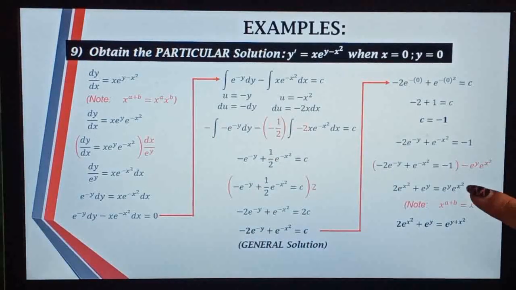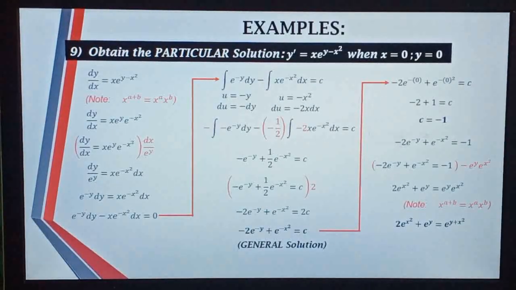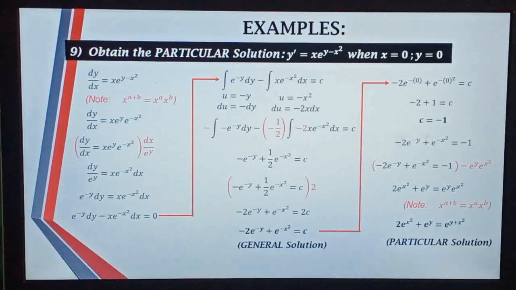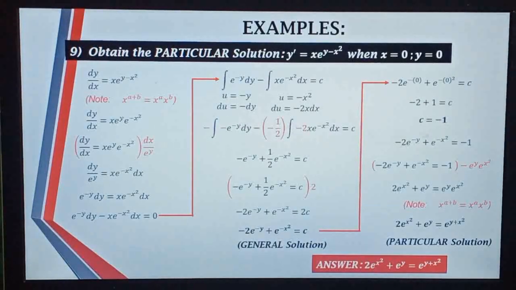So, pwede nating pagsamahin na to ngayon, which is same base, then add the numerator. So, this is our particular solution. Since that is our particular solution, that can be considered our final answer for problem number 9, which is 2 e raised to x squared plus e raised to y equals e raised to y plus x squared.